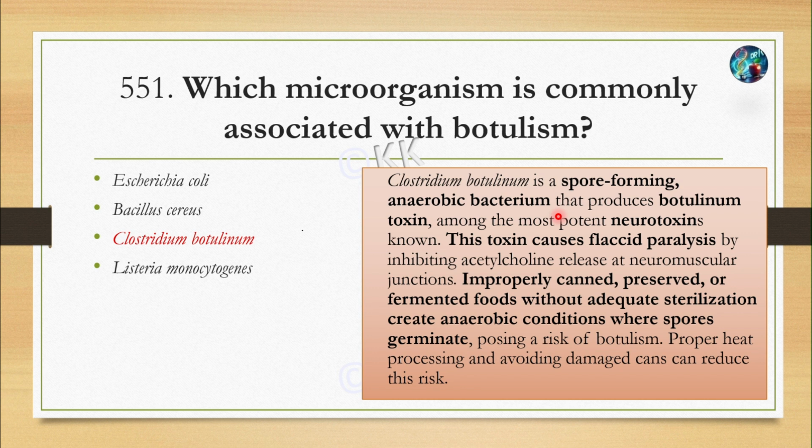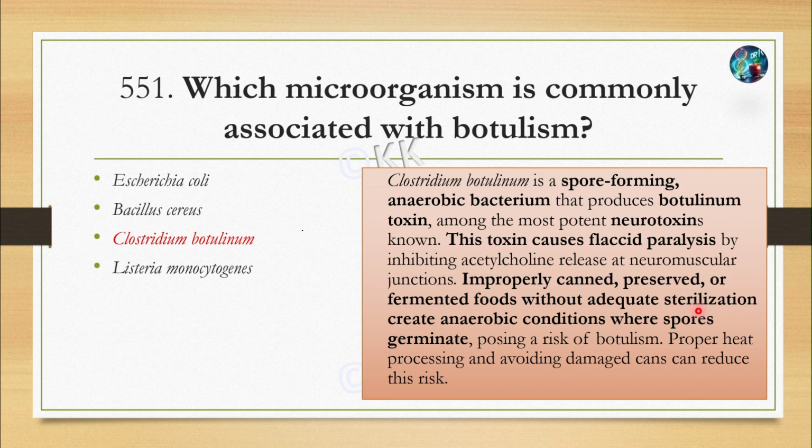Generally, improperly canned foods, preserved or fermented foods without adequate sterilization can create anaerobic conditions where spores of Clostridium botulinum can germinate, posing the risk of botulism. So, proper process of preservation is necessary to avoid such infections.